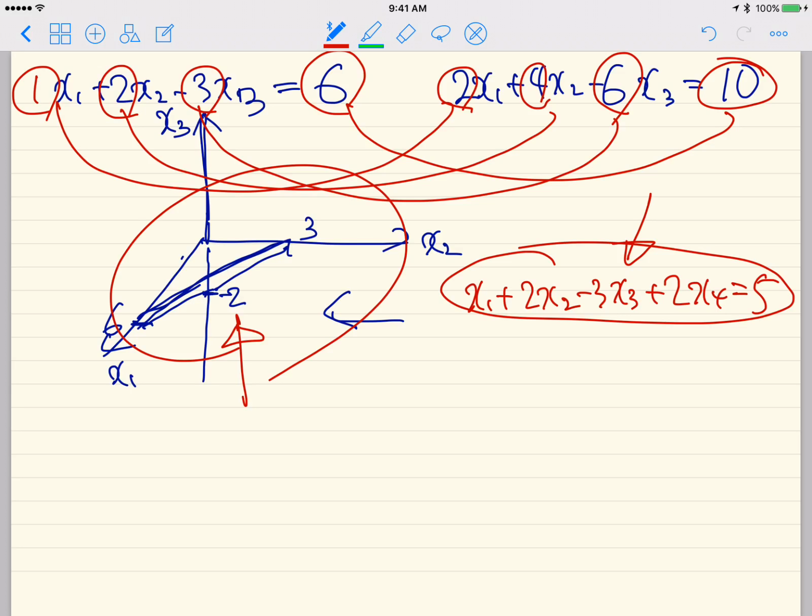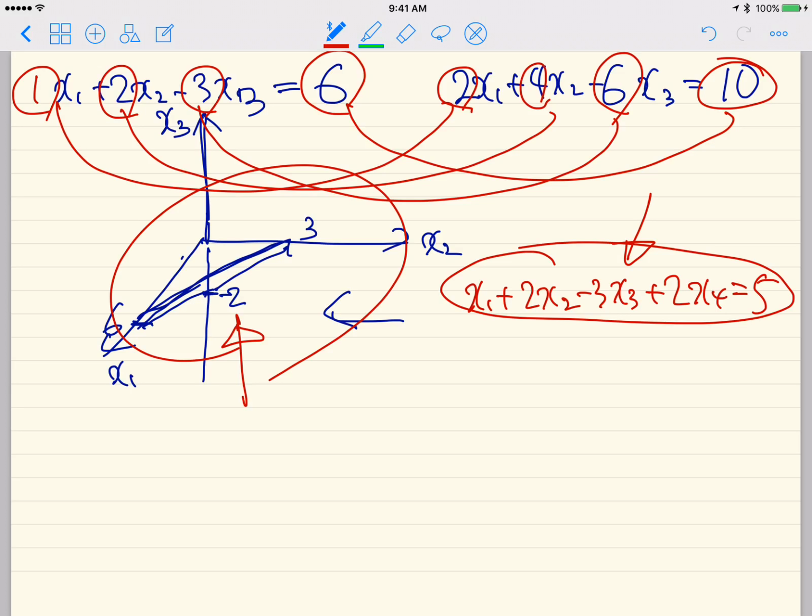Okay, so this is called a hyperplane. We cannot imagine what the shape of this hyperplane is in the four-dimensional case, but we can still think about one characteristic.